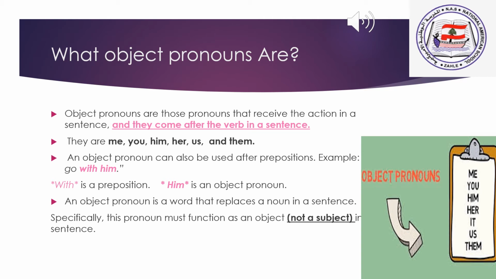An object pronoun is a word that replaces a noun in a sentence. Specifically, this pronoun must function as an object and not a subject in the sentence. Therefore, it has to come after the verb in order for it to function as an object and not a subject.